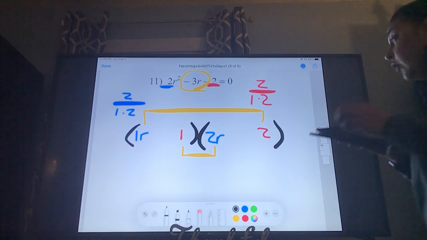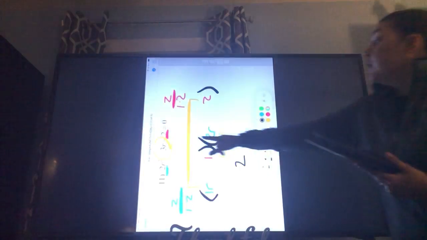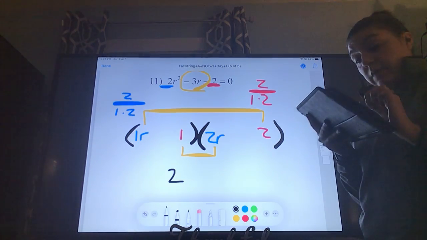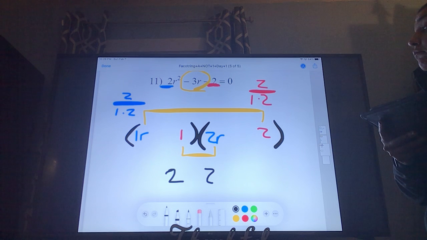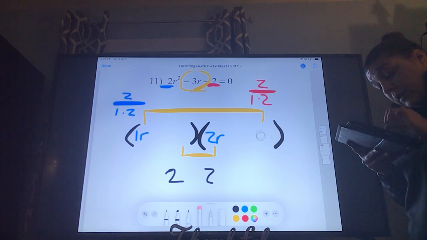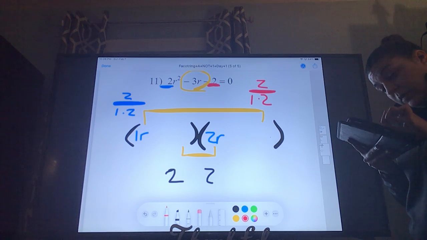Okay, so we got 1 times 2 gives me 2. 1 times 2 gives me 2. Would a 2 and a 2 ever give me a 3? No. So we need to switch that, 1 and 2, okay? And put 2, then 1.